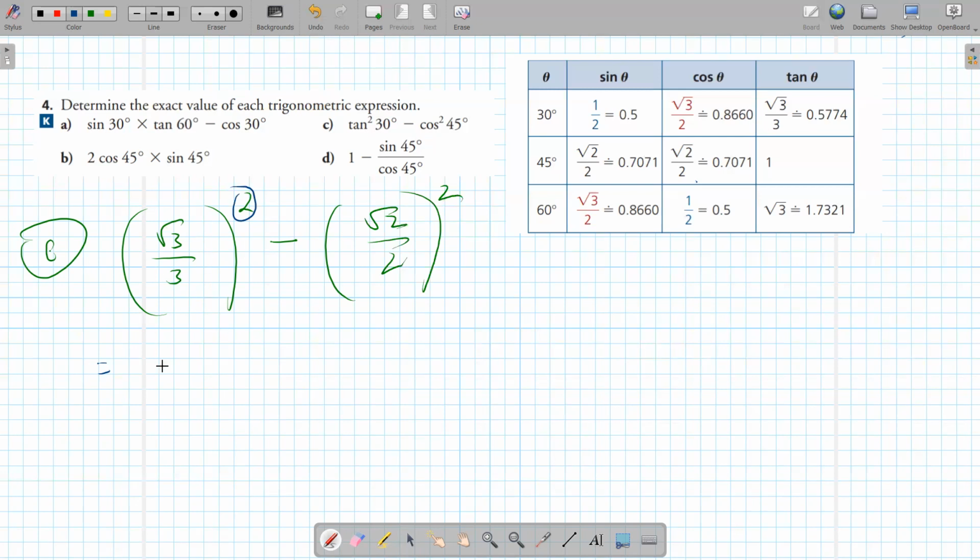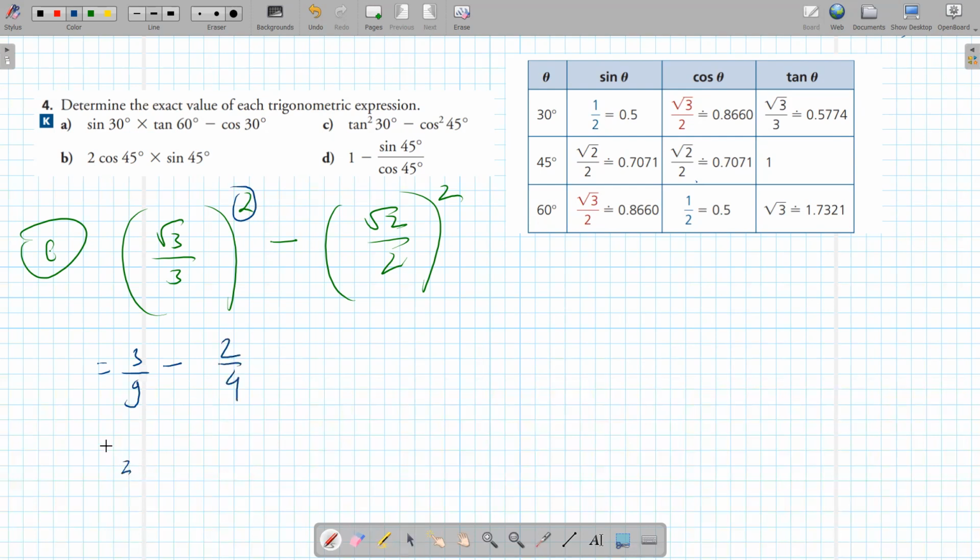Is it just root 9 over 9? Yeah, that's what it is. So root 9 is 3, so you get 3 over 9. What about on the other side? Two over 4. Yep.